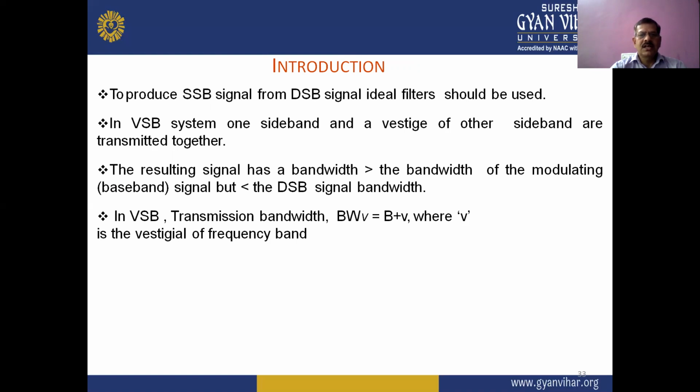The resulting signal has a bandwidth greater than the bandwidth of the modulating baseband signal, but less than the double sideband signal bandwidth. In VSB, transmission bandwidth equals bandwidth plus V, where V is the vestigial frequency band.